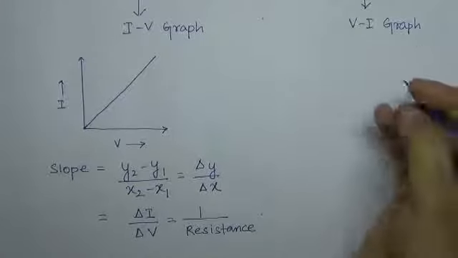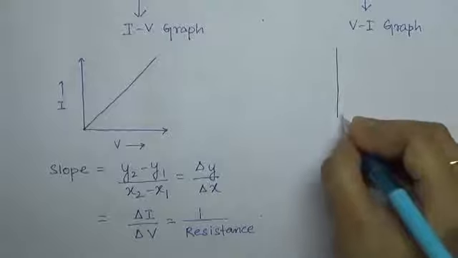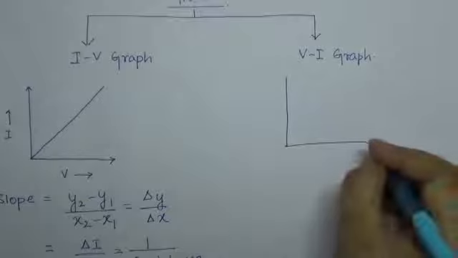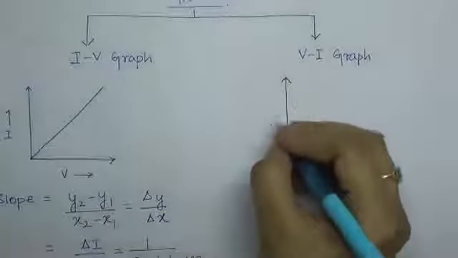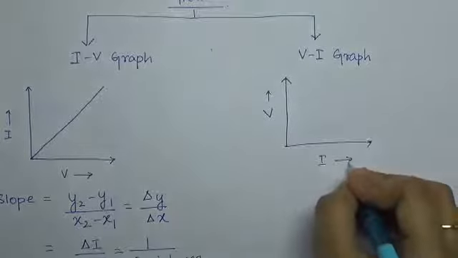Now let us see a VI graph. In a VI graph, V will be on the y-axis and I will be on the x-axis.